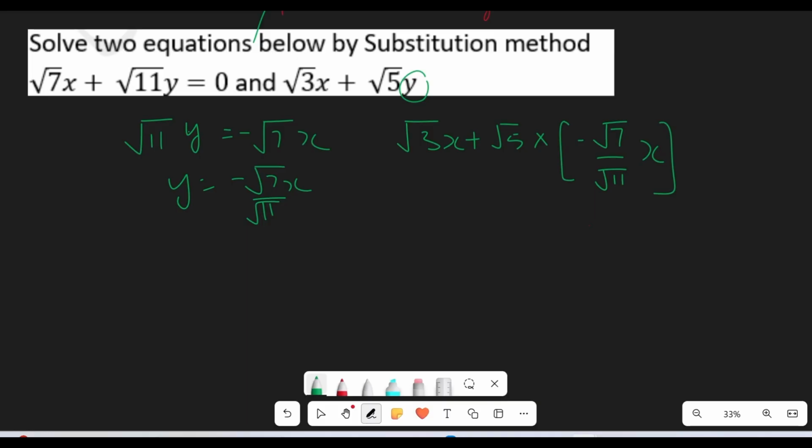See, this is what I got after substitution. Now rather than solving it, take x common. What is left in the bracket? Whatever it is, how does it matter? My RHS is 0. All this will go on the other side and I will have 0 upon this whole bracket. So the answer is 0 only. I substitute this value in one of the equations, get y.